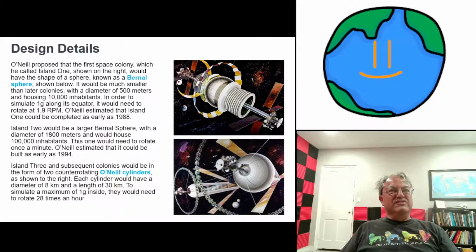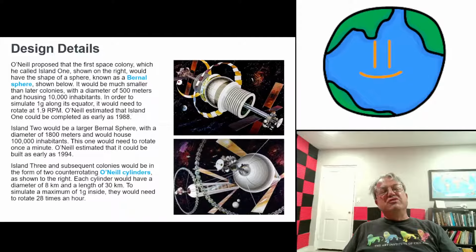I don't think I'm ever going to live on an O'Neill cylinder because I kind of doubt that they'll be built while I'm still alive, fortunately. But, you know, maybe in my next life. I don't know. But anyway, so then Colony 3 would be an O'Neill cylinder. And there's a picture of one on the bottom right.